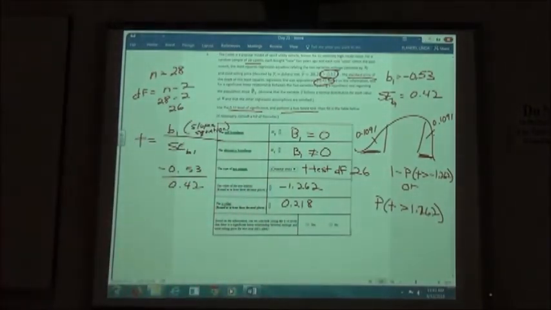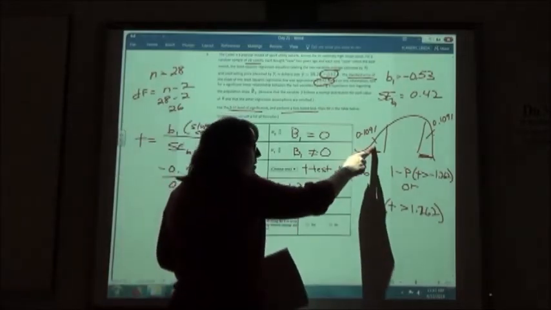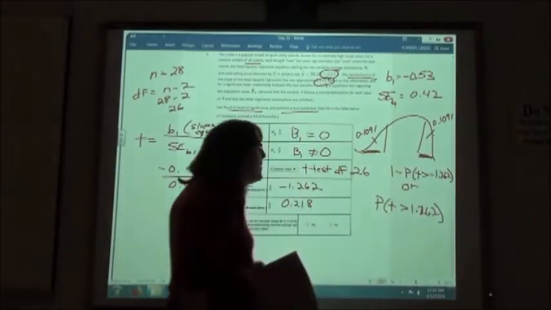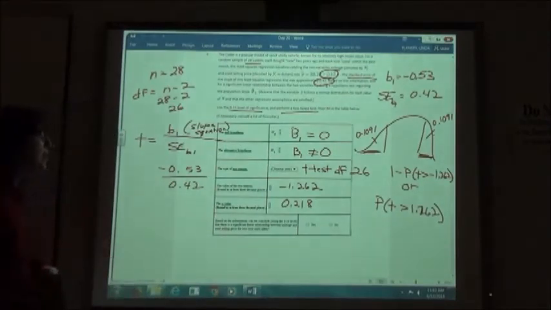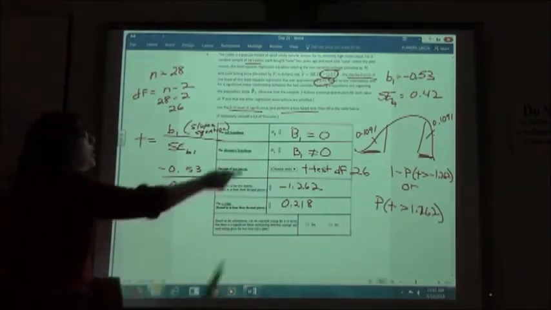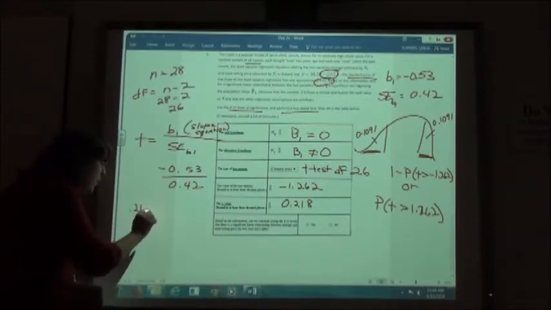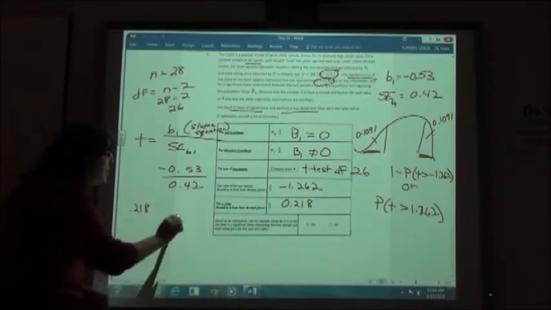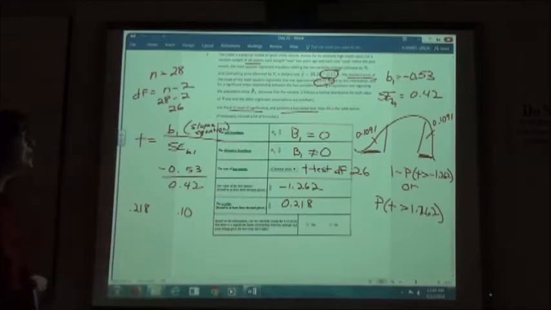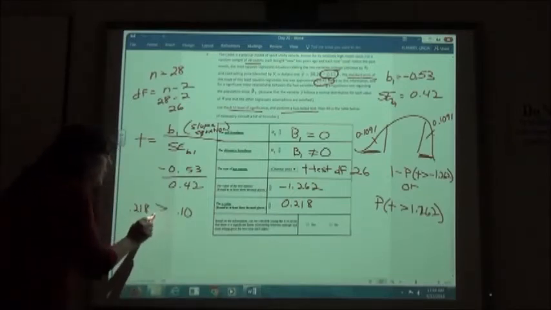21.8% is in those two sections. That's what that's saying. I've got 10.9% here, 10.9% here. I want to compare my p-value to my level of significance. I have a 21.8% p-value. I'm comparing that to the 10% level of significance, so that's going to be greater than.